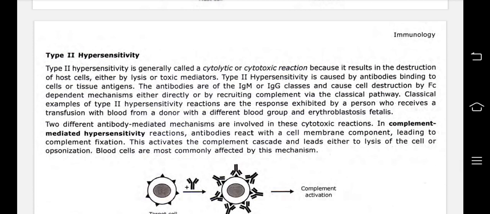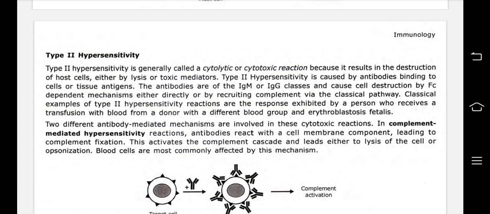Type 2 hypersensitivity is generally called a cytolytic or cytotoxic reaction because it results in the destruction of host cells either by lysis or toxic mediators. Type 2 hypersensitivity is caused by antibodies binding to cells or tissue antigens. The antibodies are of IgM or IgG classes and cause cell destruction by Fc dependent mechanisms, either directly or by recruiting complement via the classical pathway.